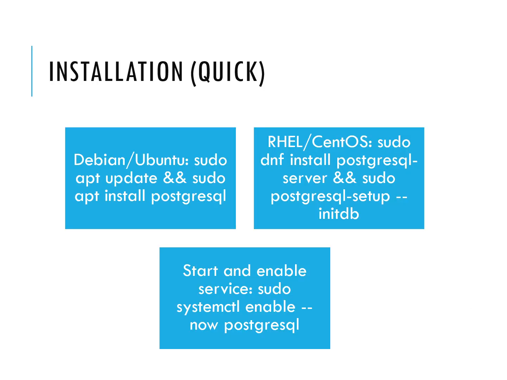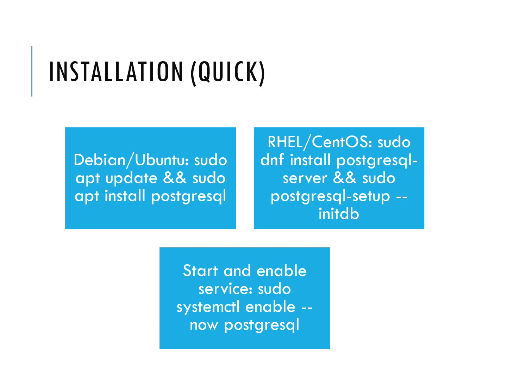Installing PostgreSQL is straightforward but can vary by distribution. On Ubuntu, the typical steps are sudo apt update and then sudo apt install postgresql. On CentOS, you could use a sudo dnf install command and then initialize the database with a setup command if required.